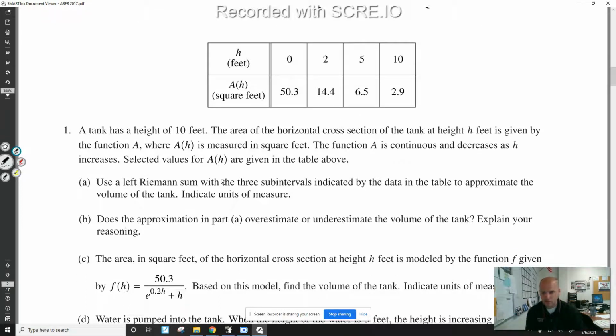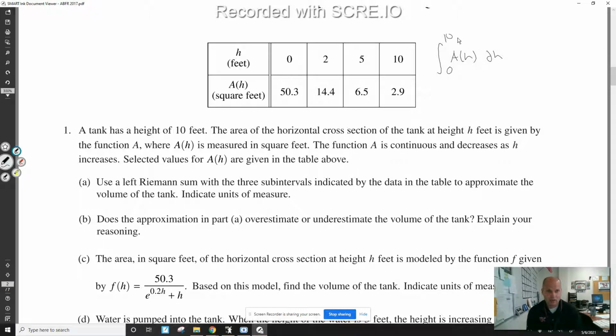Use a left Riemann sum with the 3 subintervals indicated by the data to approximate the volume of the tank. They're pretty much helping you out, telling you that the integral of A of h dh from 0 to 10 is what you want.